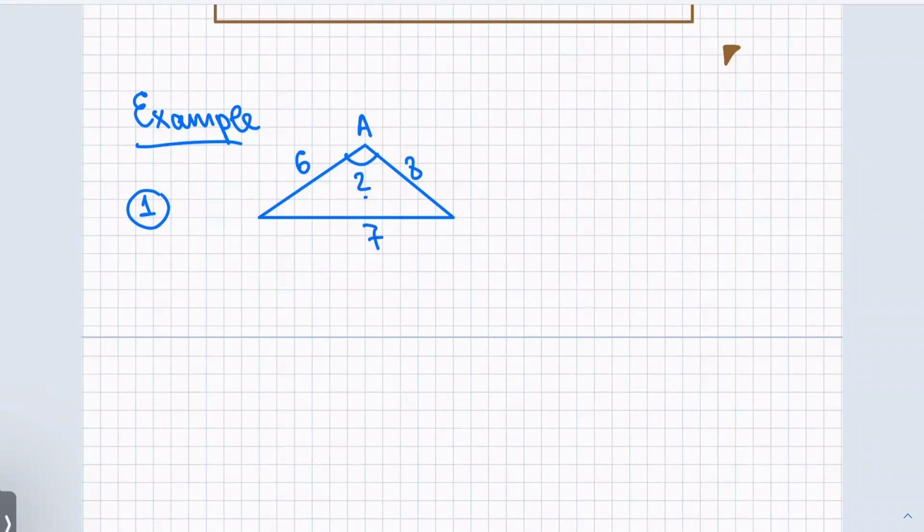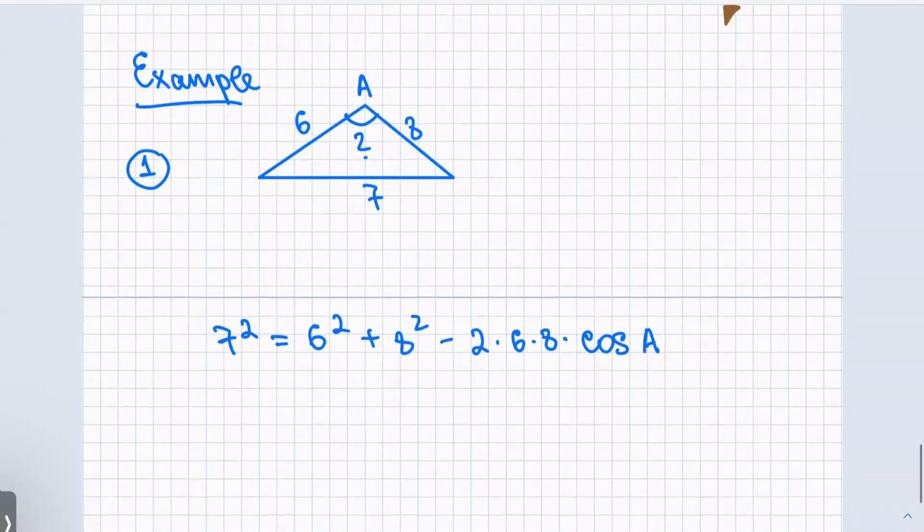We know that the side opposite to the angle that we want to find, its square is equal to this side squared, 6, plus this side squared, 8, minus 2 times the product of them, 6 times 8, times the cosine of the angle between them. And the angle between them is exactly the angle we are going to find, which is A. Very good, dear students. So now what remains is just to find this angle A.